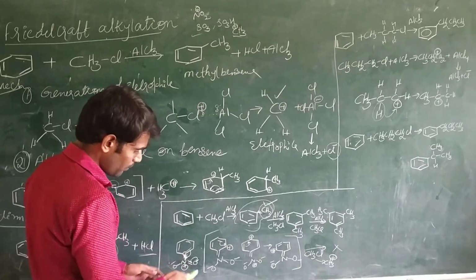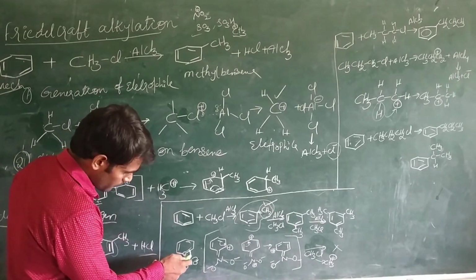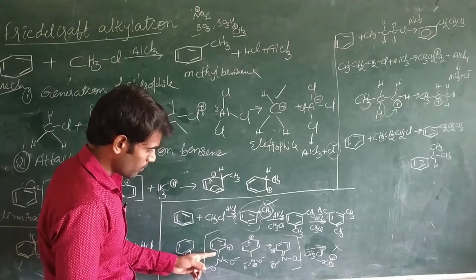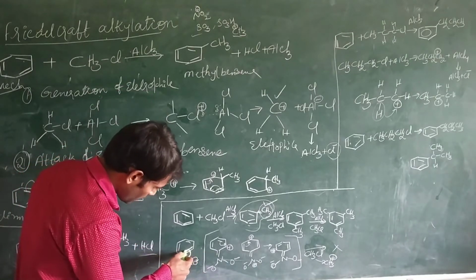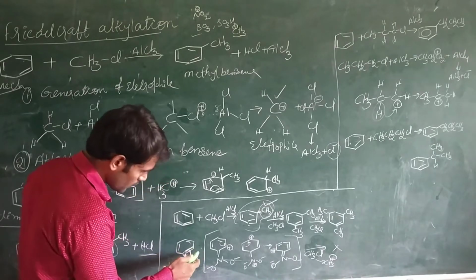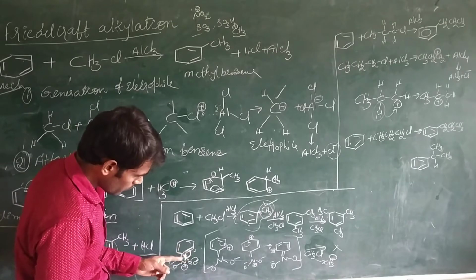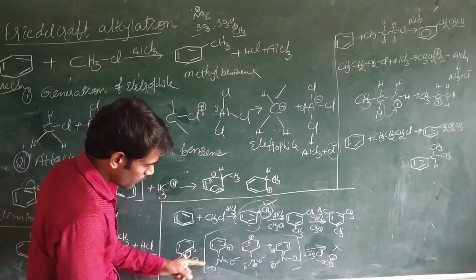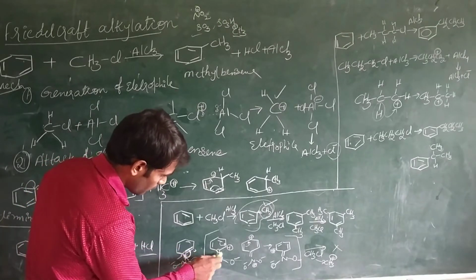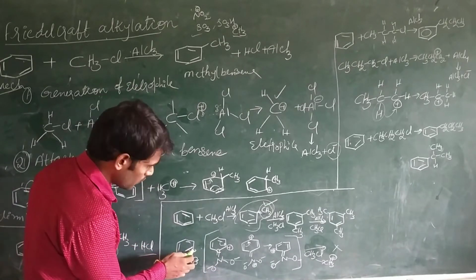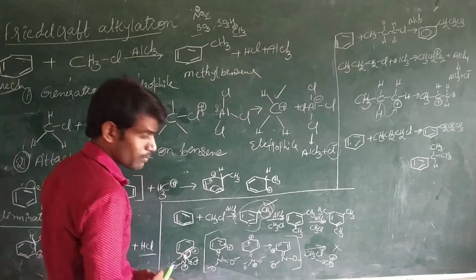So finally, these electrons are moving towards the carbon and nitrogen, and a double bond is formed. The electron density between the third carbon and fourth carbon has moved between the carbon and nitrogen. There is no electron now on the third carbon, so the third carbon is getting positive charge.